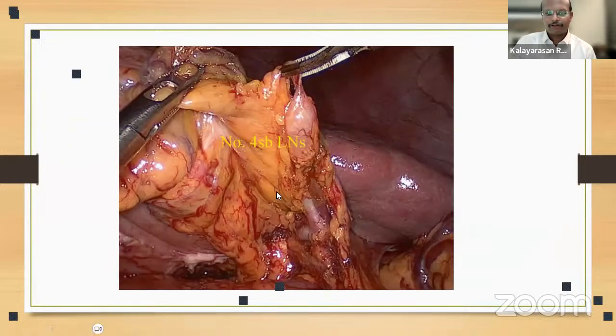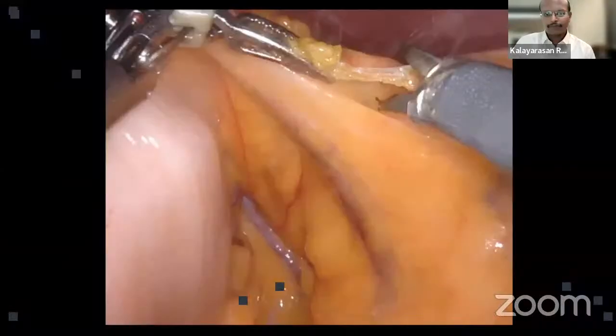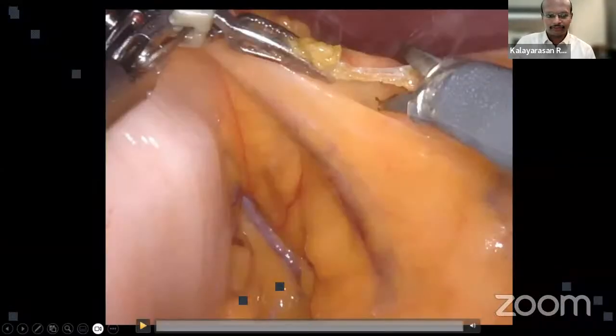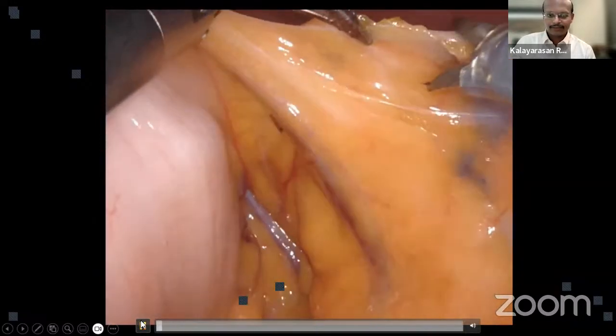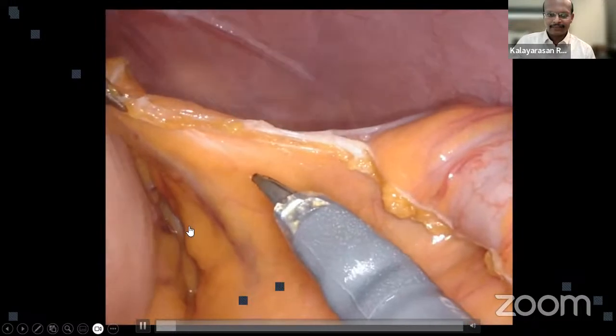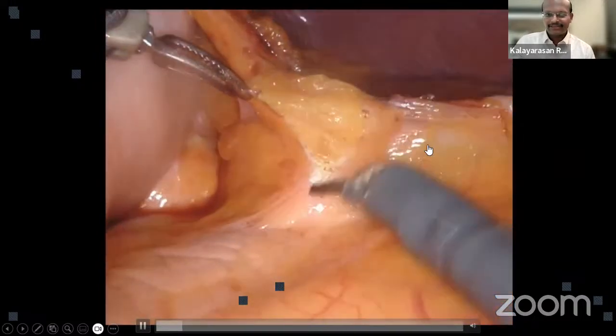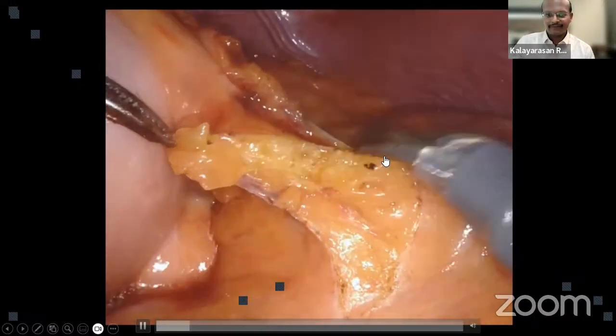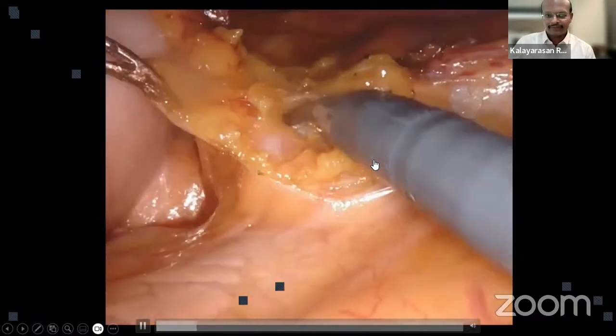The 4SP is along the left gastroepiploic. We don't have to go up to the origin of the left gastroepiploic. That's an important point to remember while clearing these 4SP nodes. And you often have a branch communicating with the colon, which you need to divide before you take off the 4SP nodes.